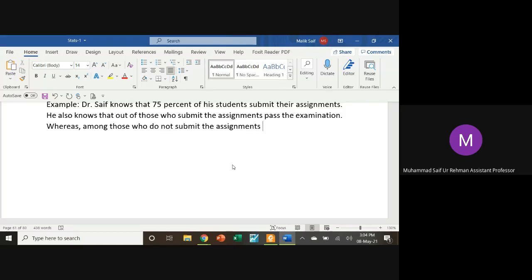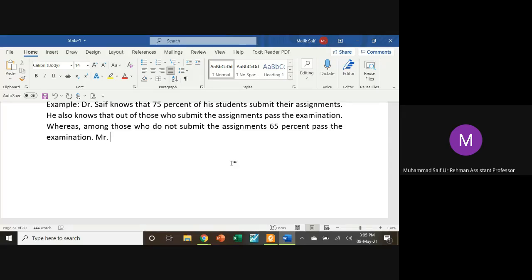So let's say among those who do not submit the assignments, 65% pass the examination. So definitely, out of the students who don't submit the assignments, some students will also pass the examination. It is common sense.